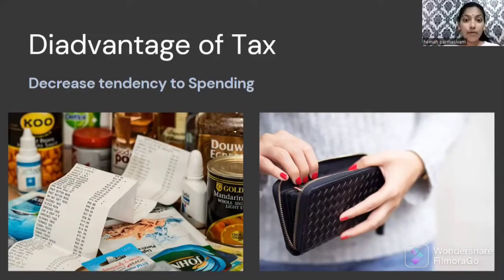As we have seen before, there are many advantages of taxes. However, the levying of taxes on the general public also implies some problems. One disadvantage of taxes is that they lead to a state where people have less money in their pockets, since part of their income has to be spent on taxes and the disposable income decreases.